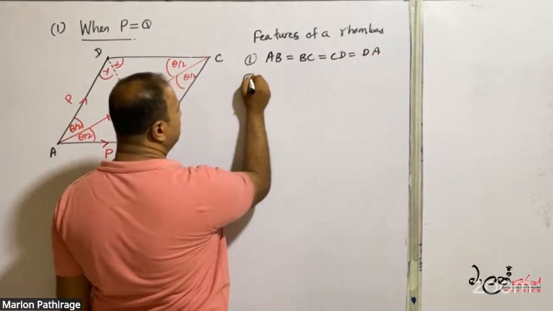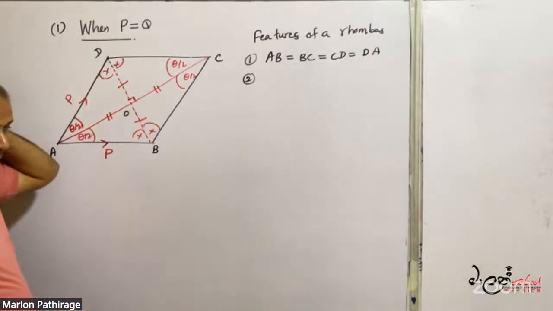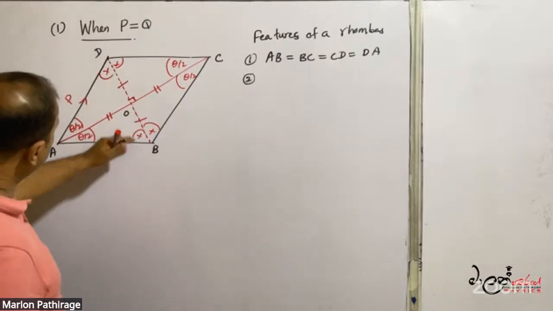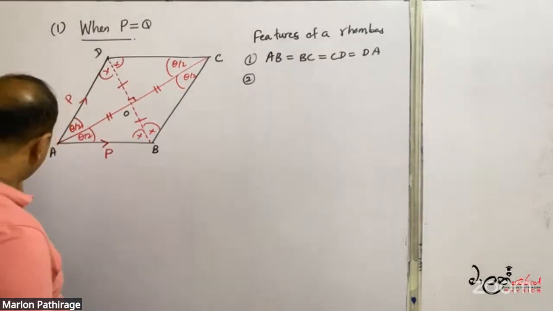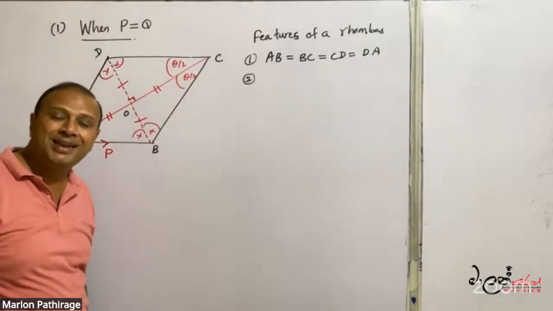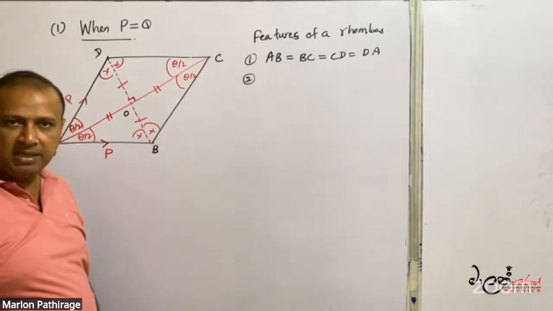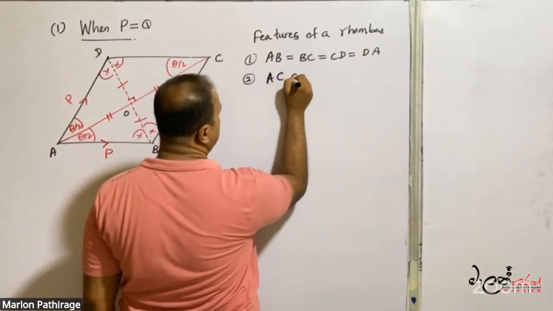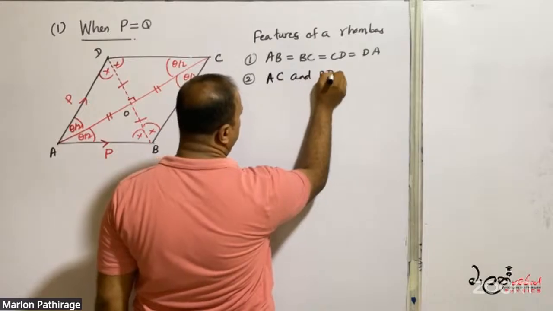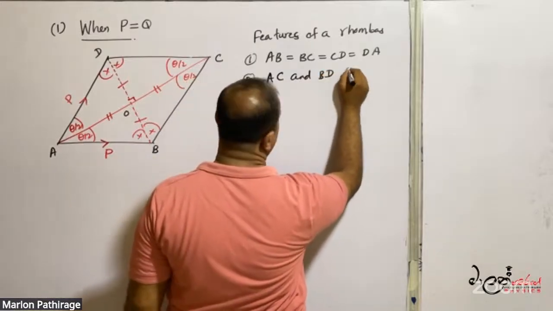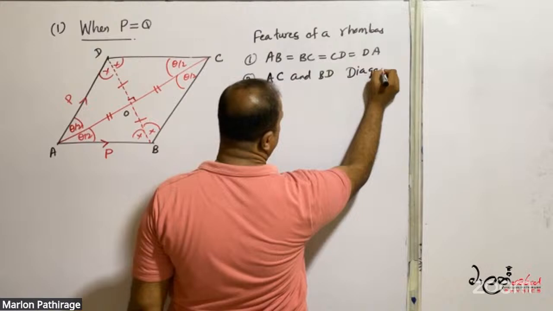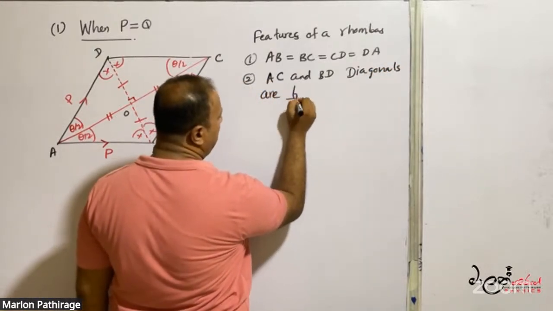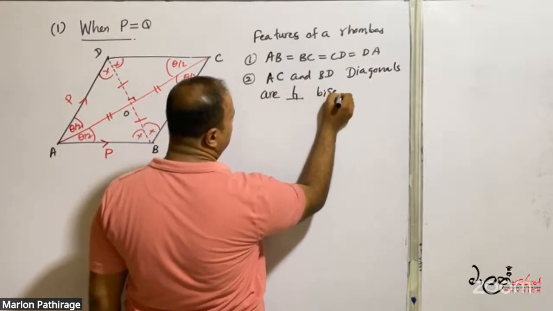Number two, DB and AC. That means the two diagonals AC and BD are perpendicularly bisected.